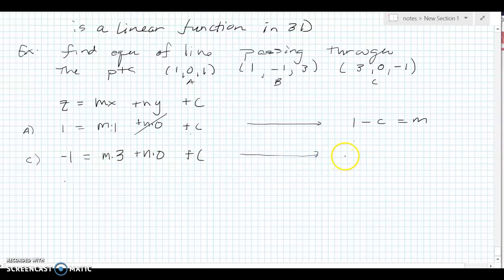This says minus 1, move the c over, minus c, divide by 3 equals m.